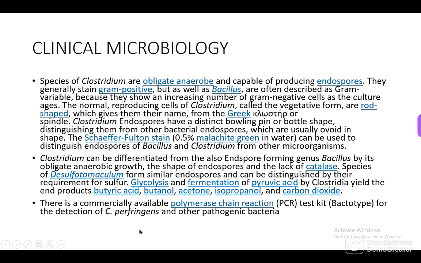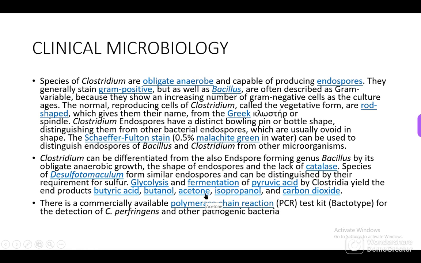Species with similar endospores can be distinguished by their requirement for sulfur. This organism can cause abortion. Glycolysis and fermentation of pyruvic acid by the Clostridia yield butyric acid, butanol, acetone, isopropanol, and carbon dioxide.